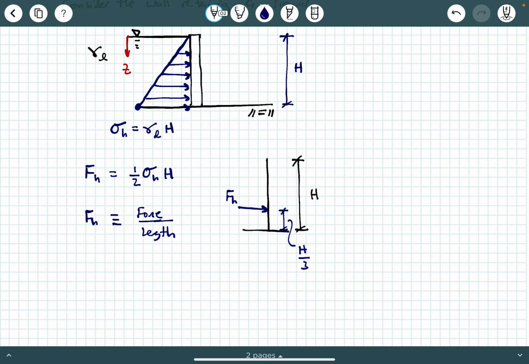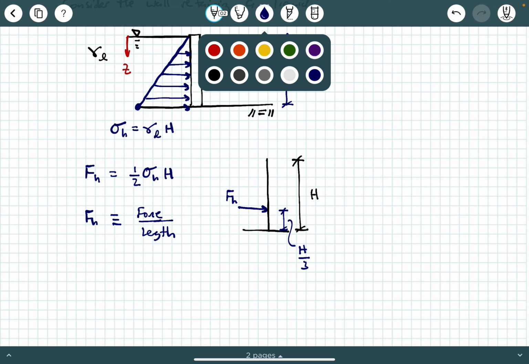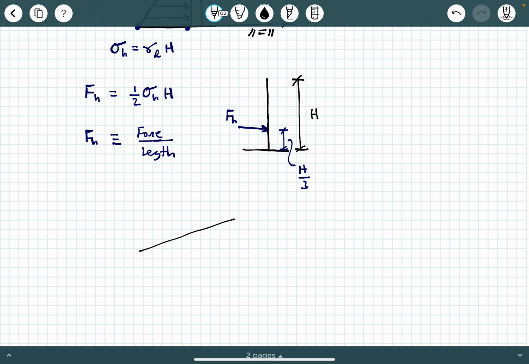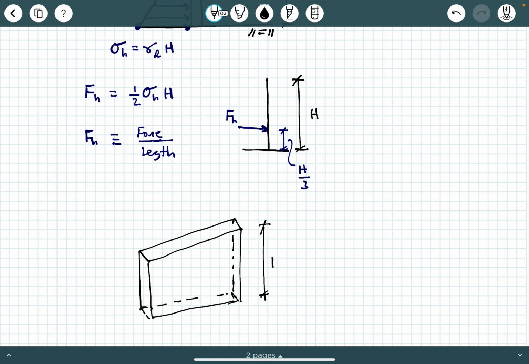So if I were to draw this in 3D, what would that look like? Okay, if I were to draw this same situation in 3D, I would sketch a wall that looks something like this. And its height is h.